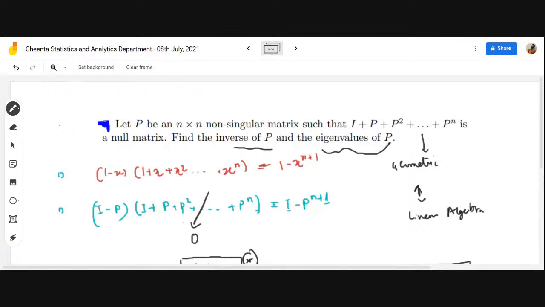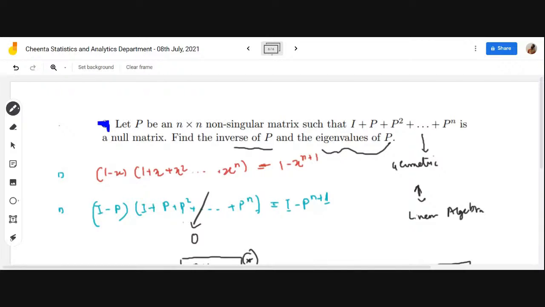I tried to connect it to the linear algebraic aspect and got this result, that 1 minus P into this comes up. This is where the creativity comes; you have to think about how to do it. We use the information given over here, and we got that P to the power n plus 1 is equal to I.